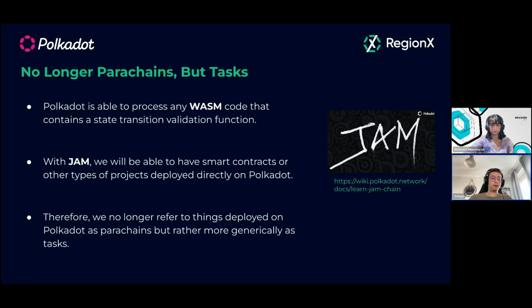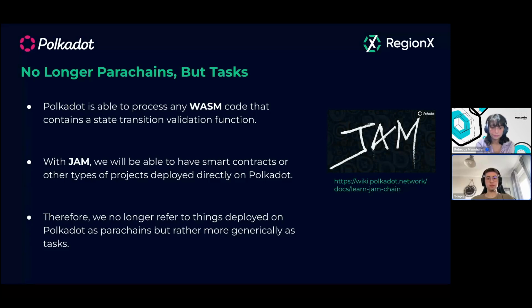Because Polkadot is really this global computer, initially it had a focus on things that are called parachains. They are essentially layer 1 blockchains that are deployed on Polkadot. But things that are deployed on Polkadot do not have to be strictly parachains. They just need to be compiled to WASM code and have this state transition validation function.